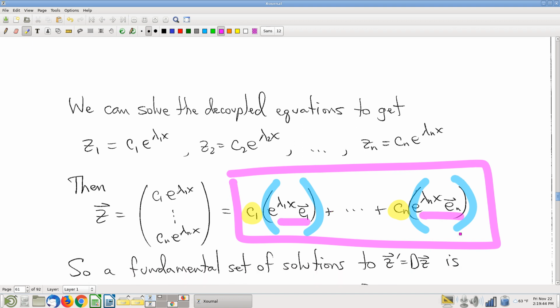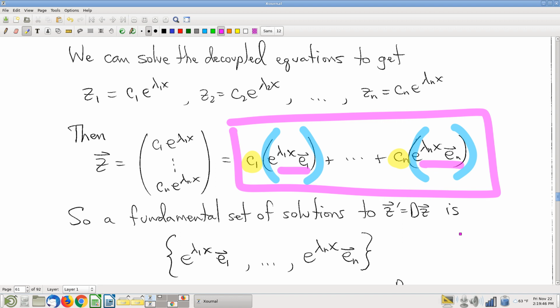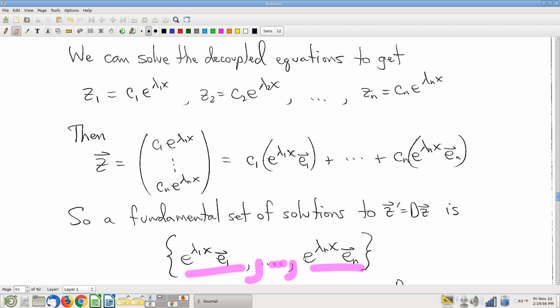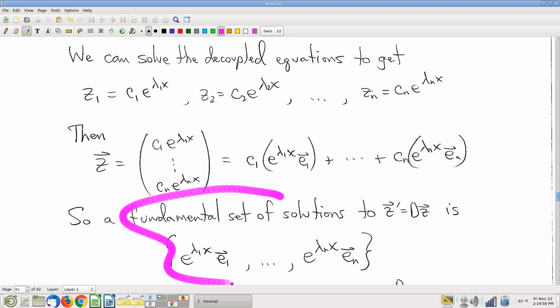So those vector-valued solutions are a fundamental set of solutions to our original system. And the nice thing about having it in this form is that this is now in the language of linear algebra. We're talking about vectors and bases instead of just a bunch of coordinates.